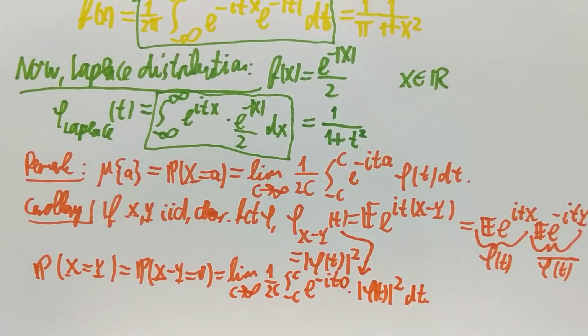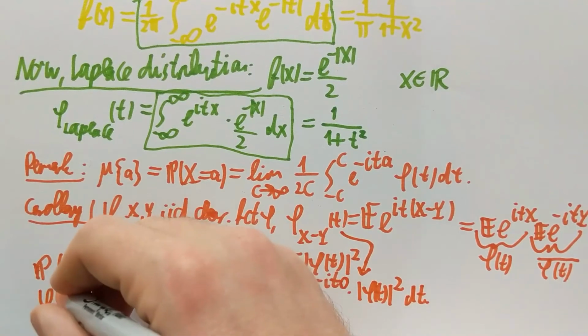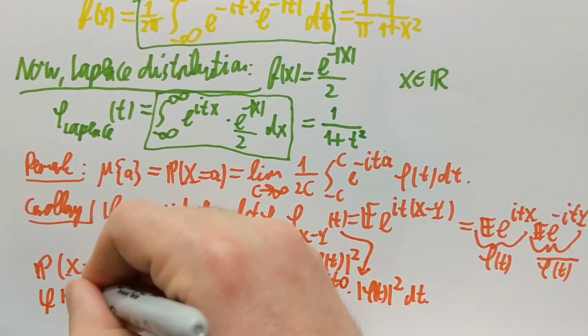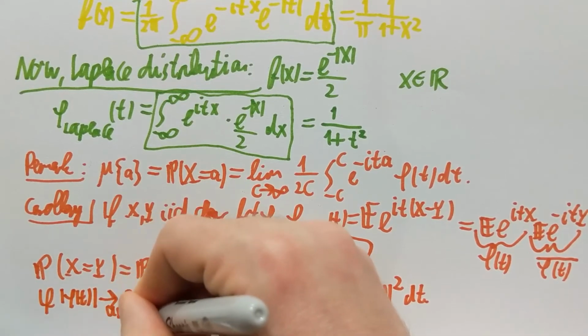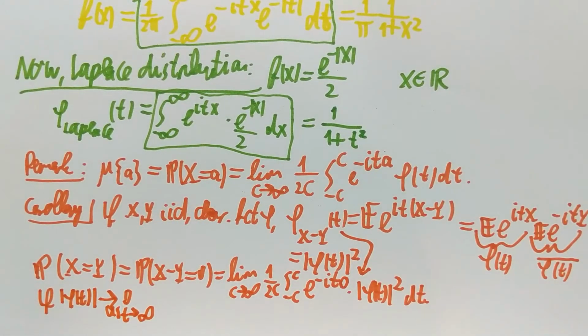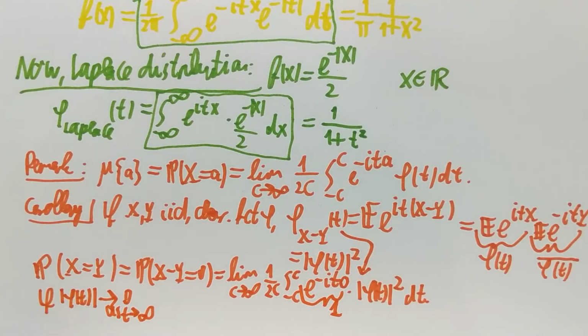Okay, now suppose that phi goes to 0. If phi of t, mod phi of t, goes to 0 as t goes to infinity, then what happens to this integral? The e to the it 0 is of course 0, e to the minus it 0 is 1, exponential of that is 1. And what we see here is mod of phi square integrated on a length 2c interval divided by 2c.